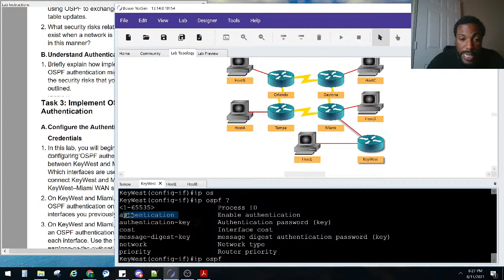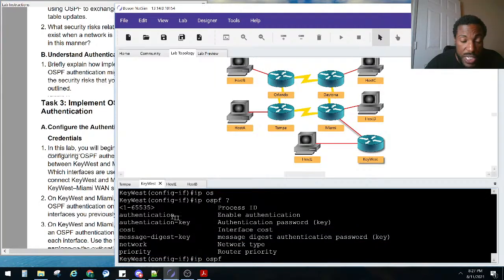So this enables authentication, but this does clear text, and then this right here does MD5, which lets you put the password in, but also encrypt it using MD5 hashing, right? Forgot the difference between encryption and hashing, either way.